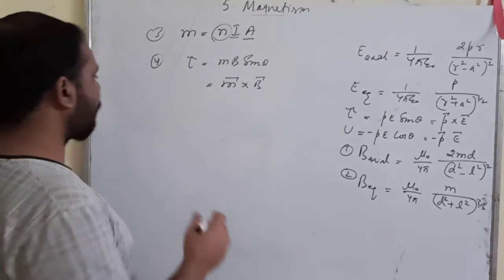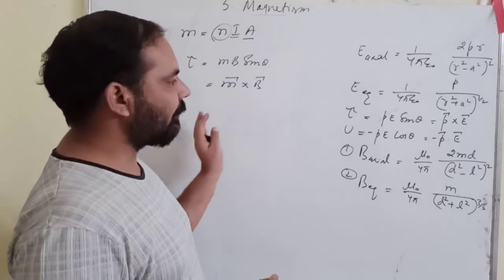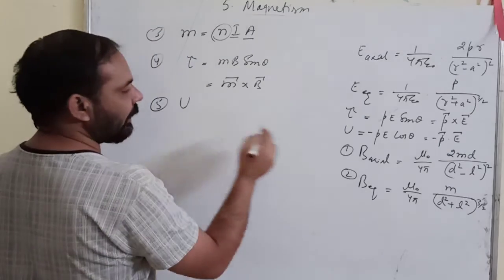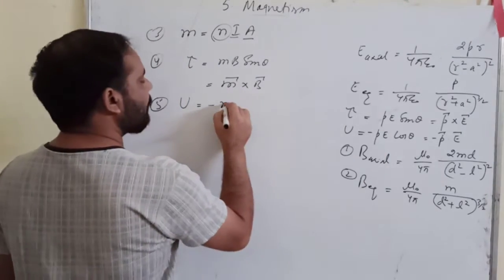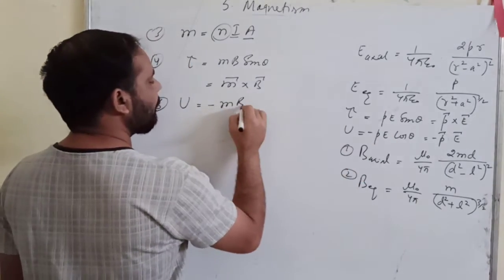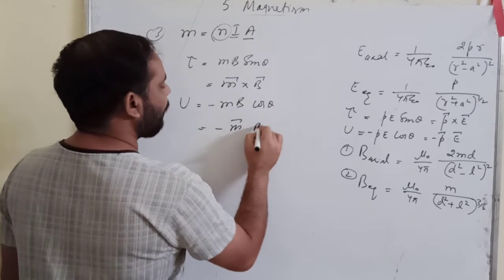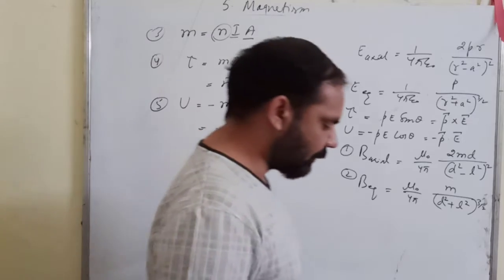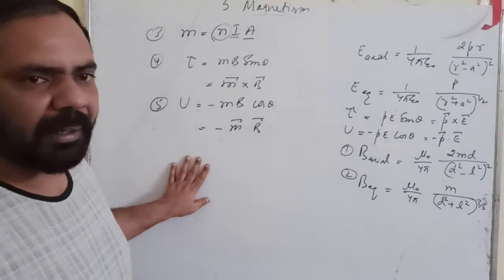Similarly here, if you rotate the magnetic dipole inside a magnetic field, it will also acquire some potential energy, and that will be equal to minus M B cos theta, or minus M vector dot B vector, which gives the potential energy stored in the magnetic dipole.